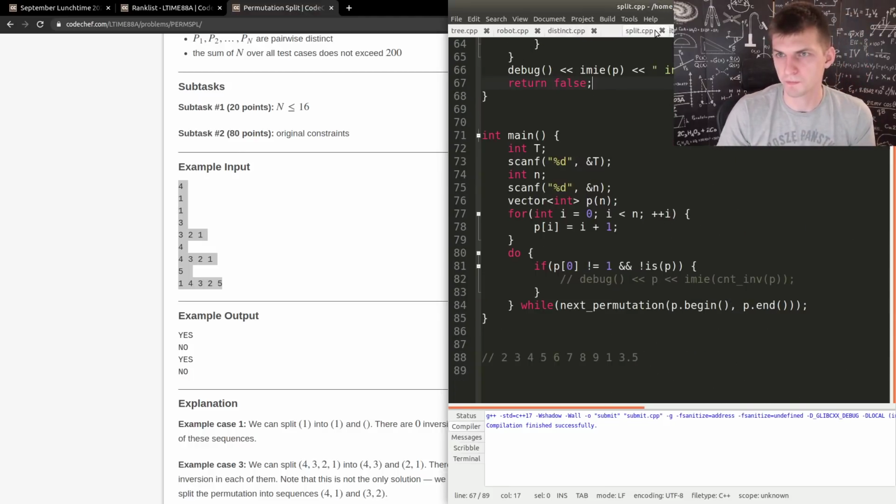Grab the iteration over all permutations.